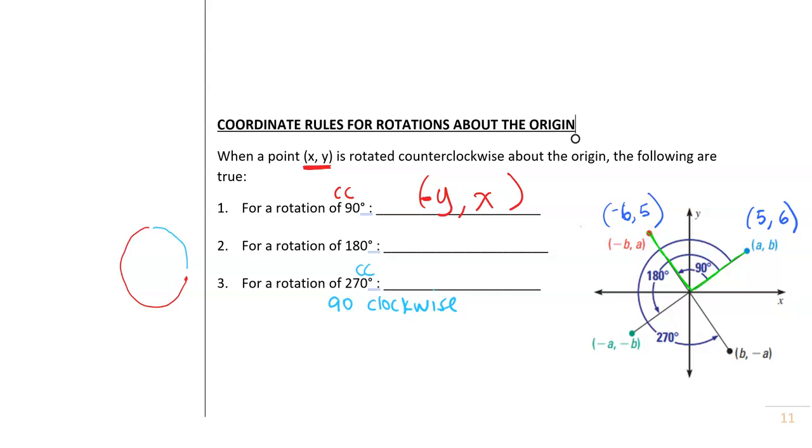So when I do my ordered pairs over here to the side, if I look here at this negative BA, so if I go back to the 5, 6, the B and the A are still switching. So 6 is going to switch to the front and not change, but the A is 5. When it says negative A, that means you want to change the sign.